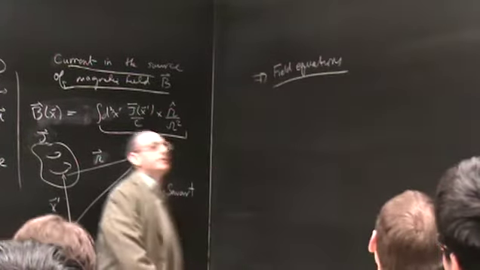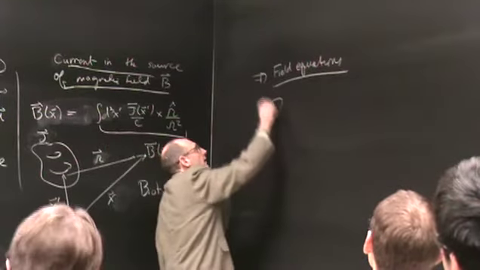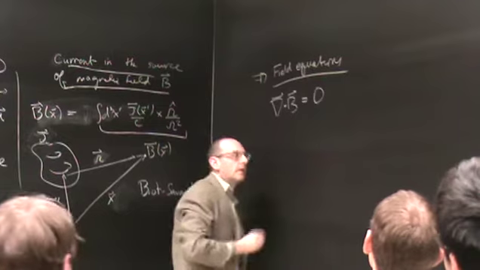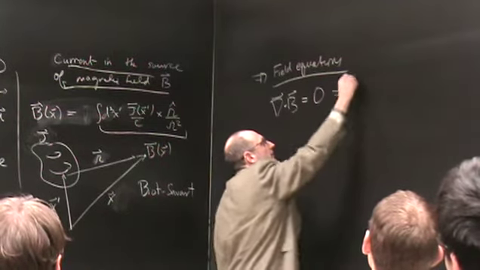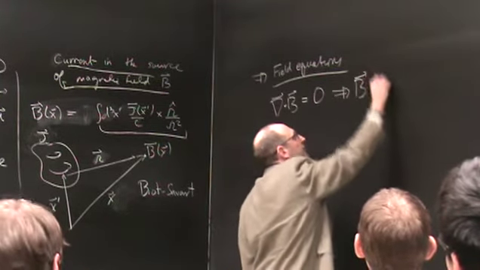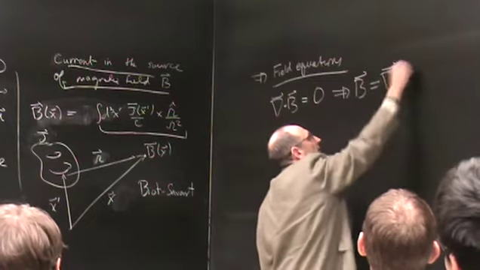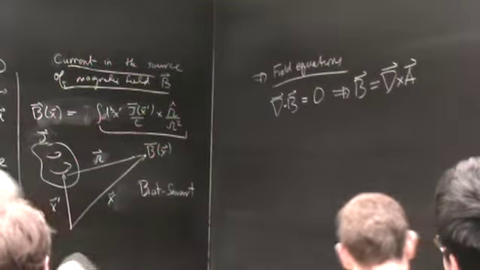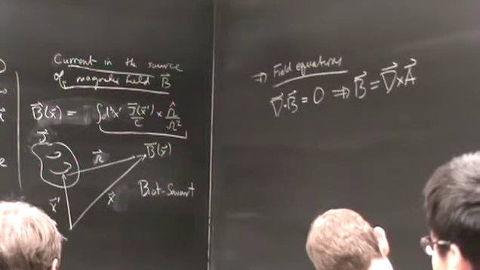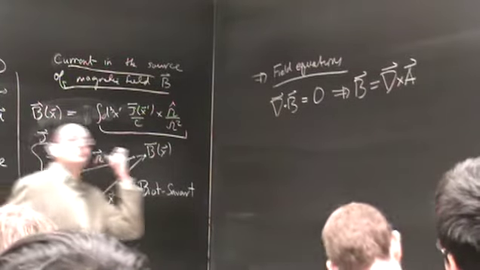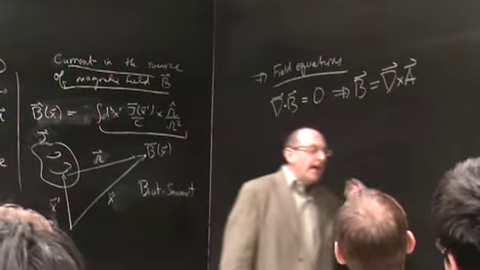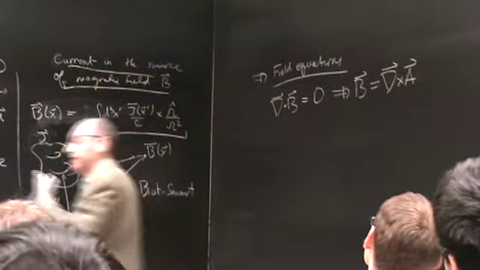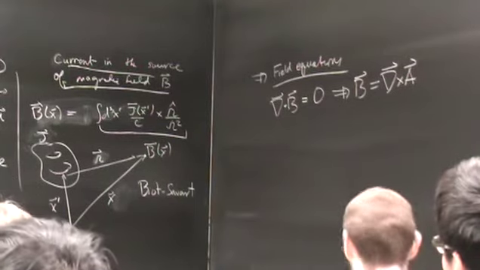The field equations here are del dot B is 0, which tells us that the magnetic field itself is the curl of another vector field. You remember from our first problem set, any vector field is determined by its divergence and its curl.